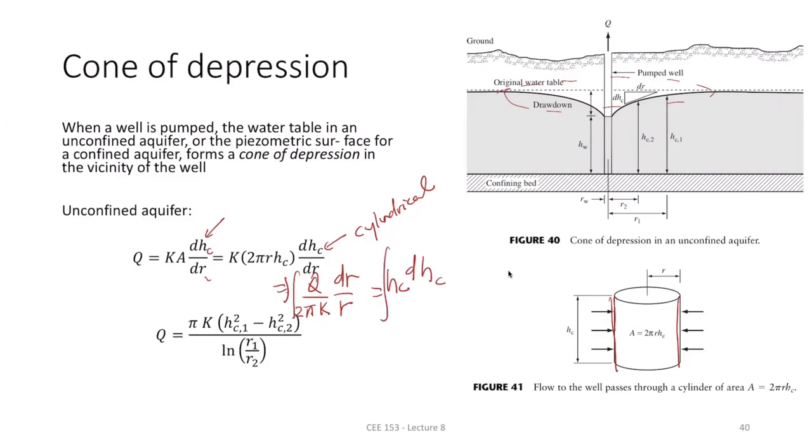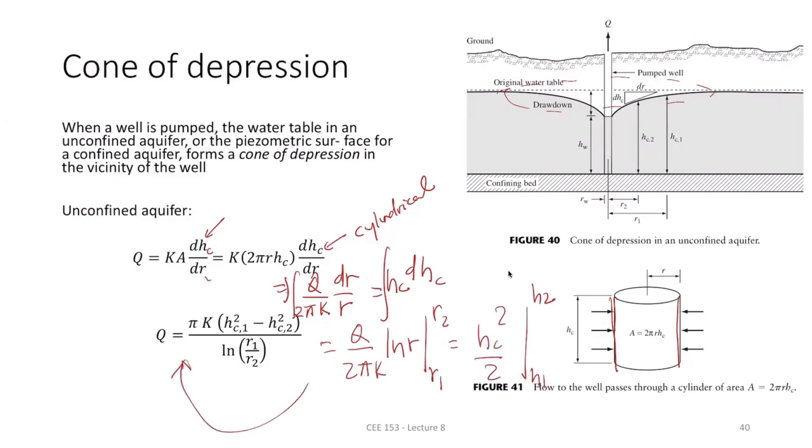If you integrate this, you will get Q by 2 pi K times ln r from r1 to r2 equals hc squared by 2 from H1 to H2. If you put that value here, you should be able to derive that equation.